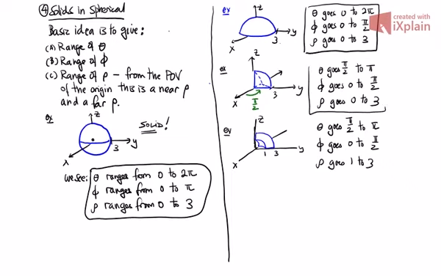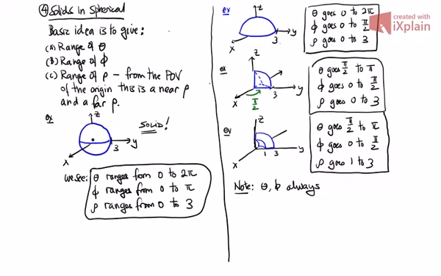So now the rho changed in this one. A little note here before we proceed is that in all of these cases, theta and phi have been constant ranges. This won't always be true for rho, perhaps not.